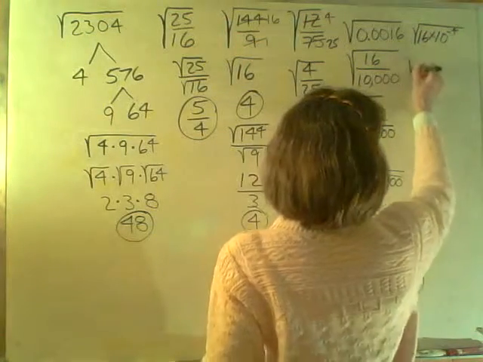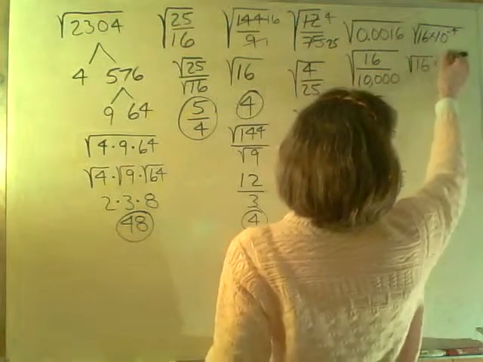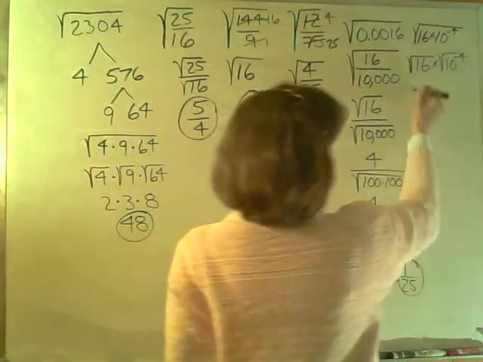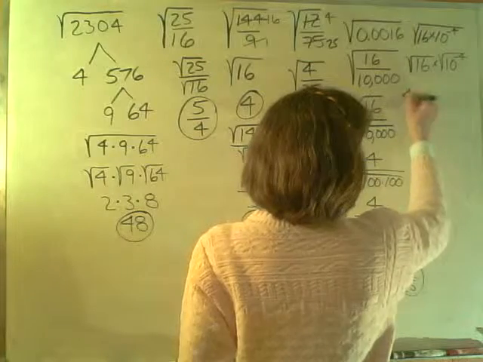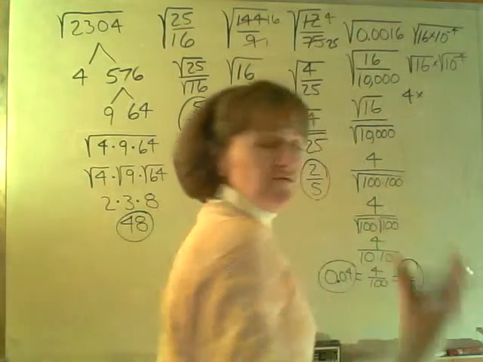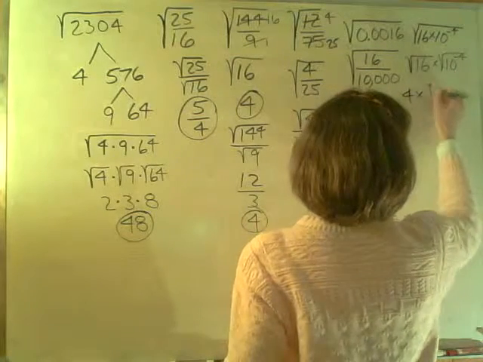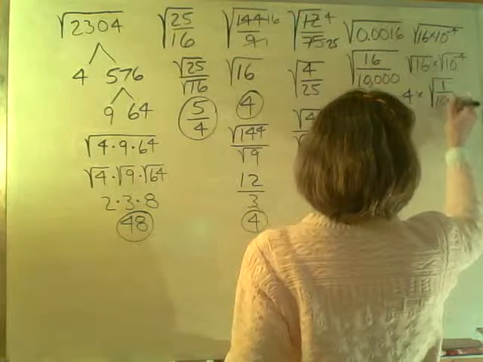Now, I'm just going to address this one briefly. This is going to be the square root of 16 times the square root of 10 to the negative 4. Now, one thing I can do right here is I can say, well, this is 4, and then if you've not worked with roots as fractional exponents, then you could say, well, this is the square root of 1 over 10 to the 4.